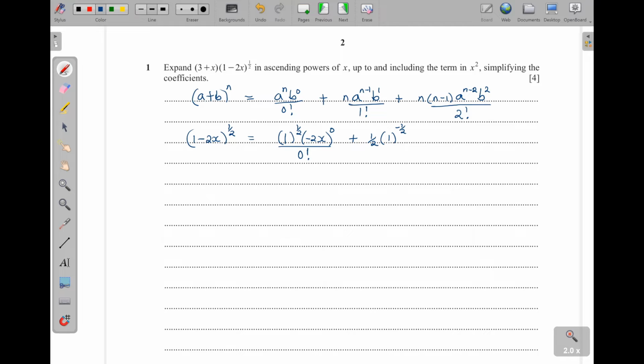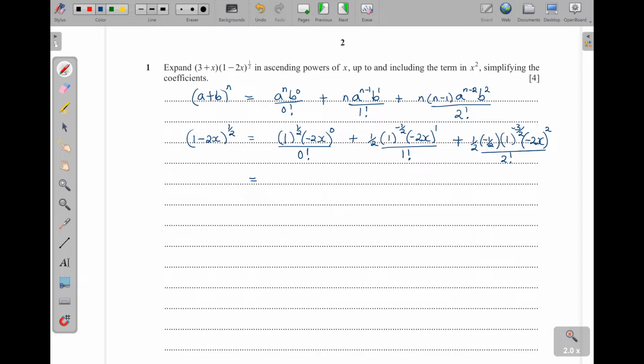So we shall have negative a half here, and then negative 2x here will be to the power of 1, then over 1 factorial. They said up to the term in x squared, so I will continue and drop this one down here, so it will give us a half, then times negative a half, then 1 here will be to the power of negative 3 over 2, because if you get negative a half minus 1, that is what you get. And then negative 2x here, then to the power of 2, then we shall put 2 factorial here.